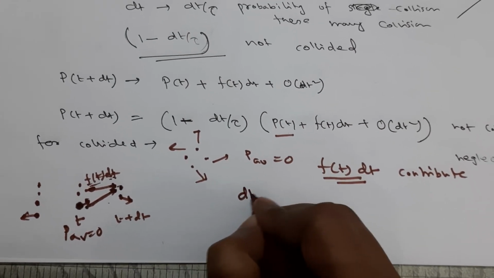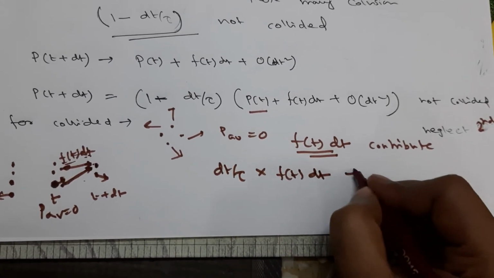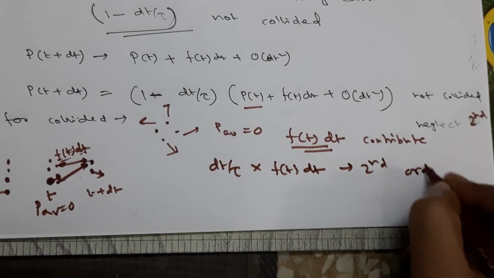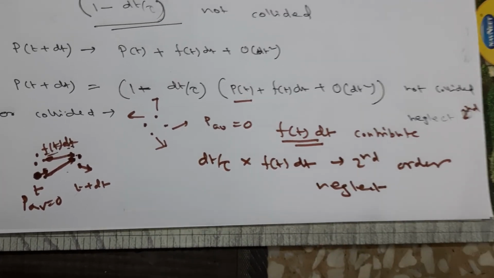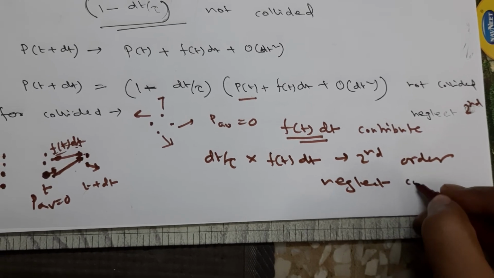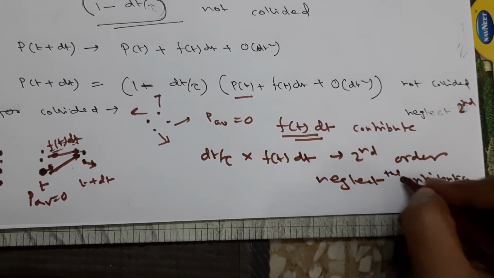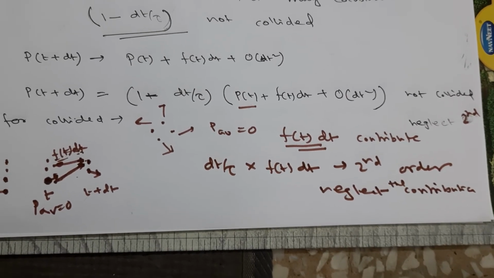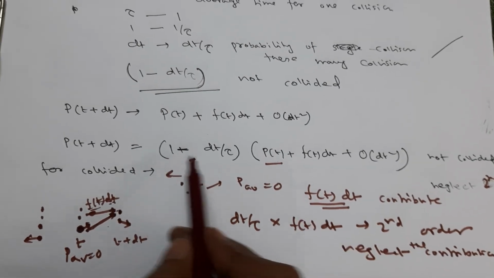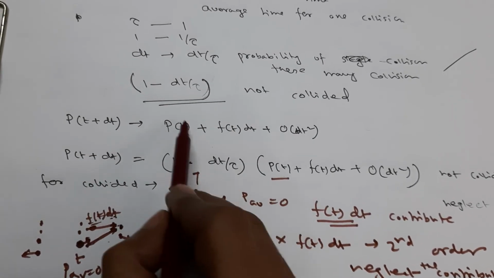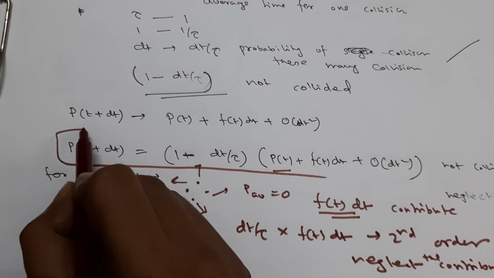So this dt by tau into F(t) dt is again a second order term, so neglect it. It has a negligible contribution, so it doesn't matter. Only we can consider this term, and from here we will get our expression.